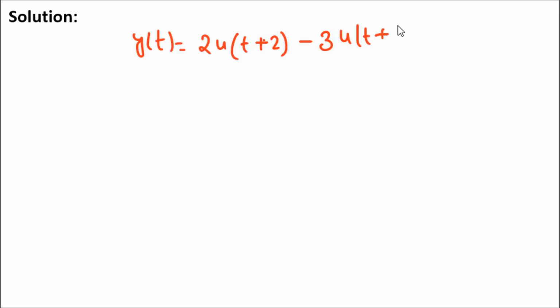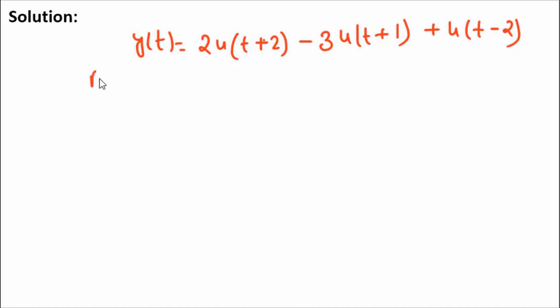Now you have y of t as 2 u of t plus 2 minus 3 u of t plus 1 plus u of t minus 2.